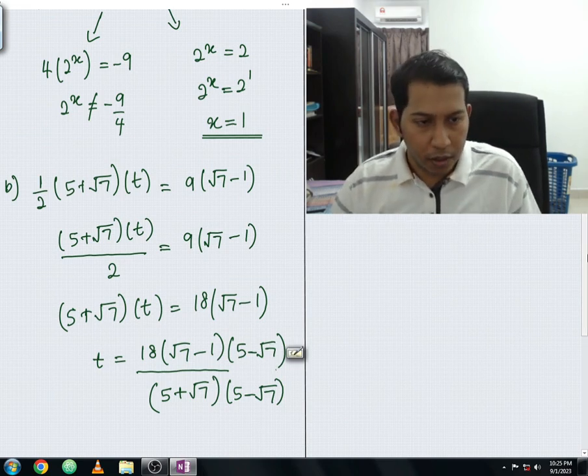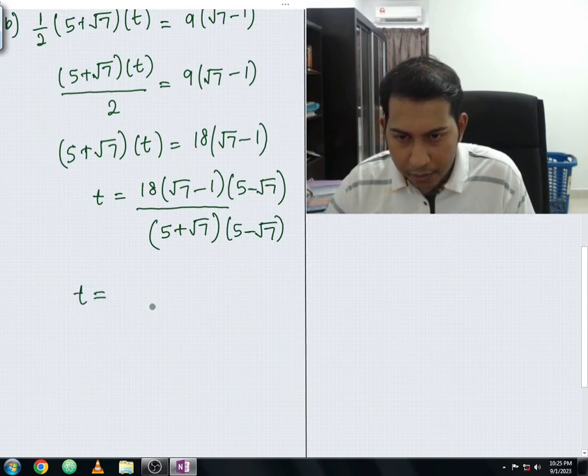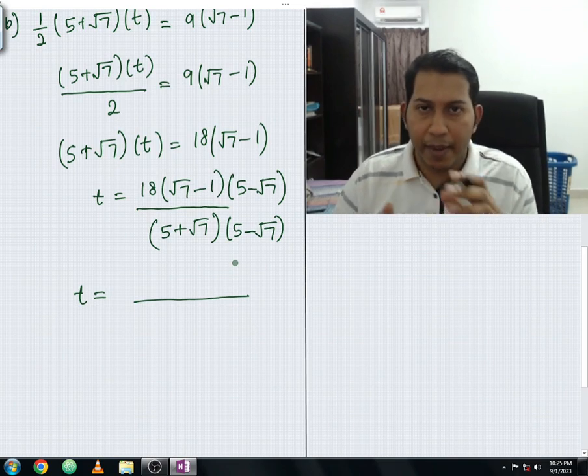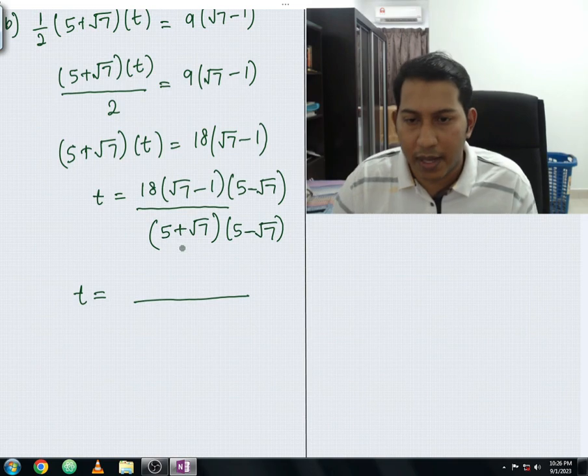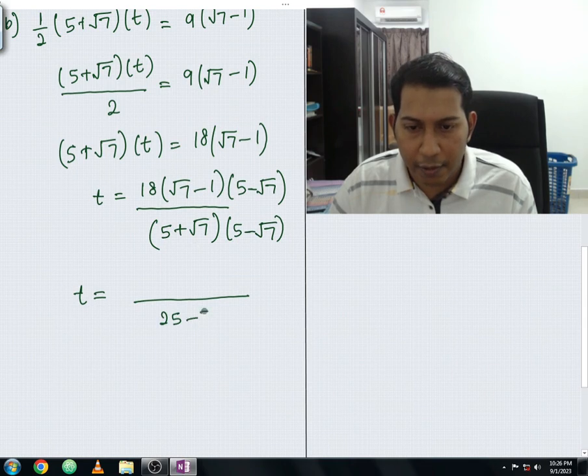Okay, so from here t will be equals to, let us start with the denominator, it'll be slightly easier. A minus b times a plus b is equals to a square minus b square. That is the one you're going to apply here. So from here, 5 times 5 you get 25, and then minus 7, because square root 7 times square root 7 you get 7.